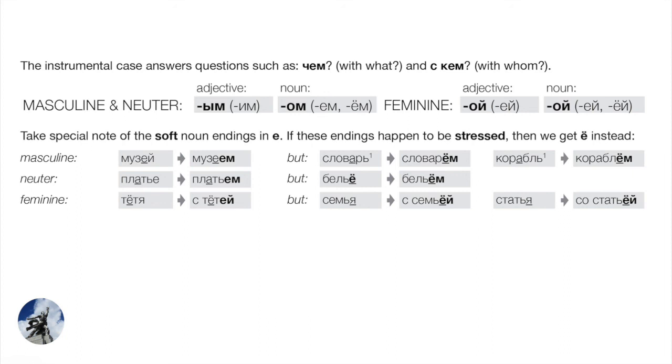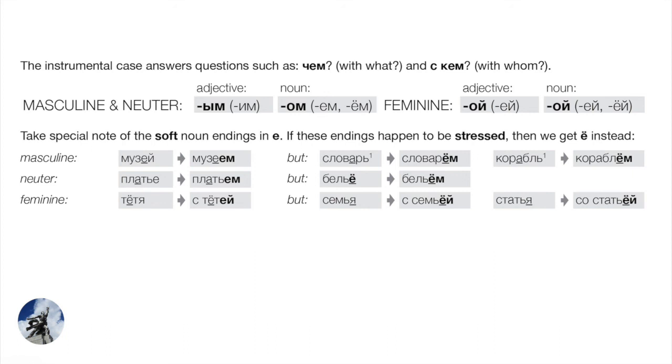Or for nouns, instead of -ом we have two soft variants, -ем, or if the ending happens to be stressed, then you get, as you might well expect, -ём, right? I mean, what is the soft version of -ом? It's really -ём, right? But if the stress happens not to fall on that ending, then we can't have the ё, right? So we would sort of revert back to -ем.